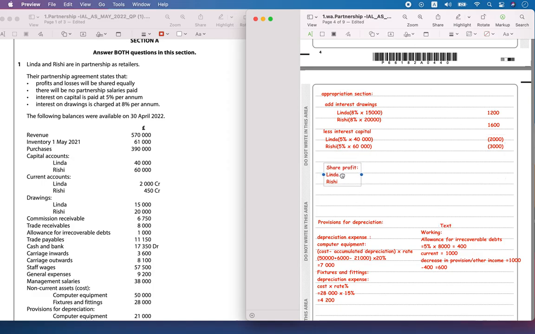After this, we have to see what the remaining profit is, after all this, and then we have to share it. So let's add and subtract.